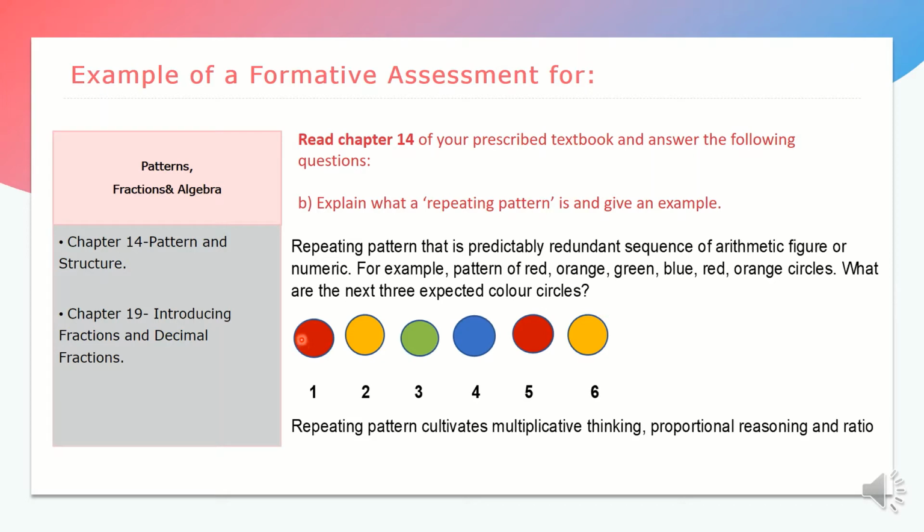So it's red, orange, green, blue. These four are super different, and then it starts all over again: red, orange, what's probably next? Green and blue. So a repeating pattern cultivates multiplicative thinking, proportional reasoning and ratio. To find out more, you will find it in chapter 14.